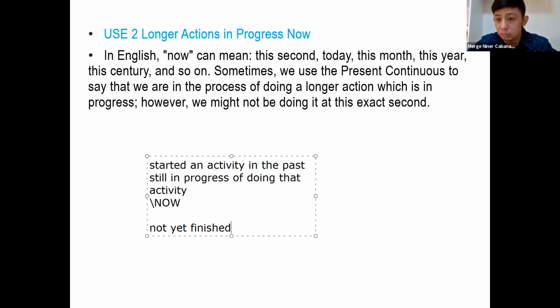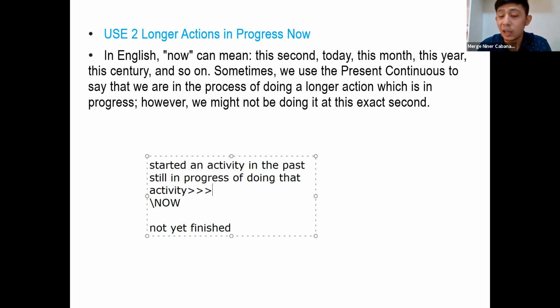And then my mom called: what are you doing now? And I'm going to tell her, I am exercising now. I started doing that sometime in the past. I'm still in progress. I'm still doing it. And I don't see myself finishing that in the future.